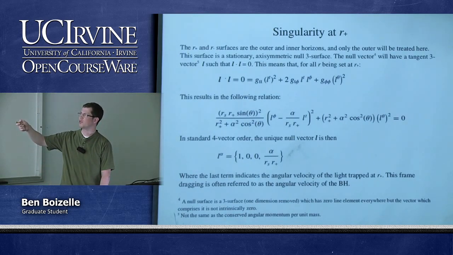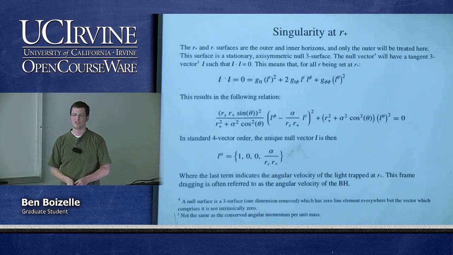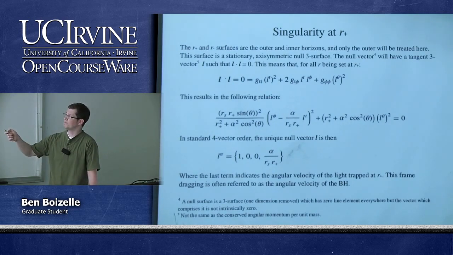And when you do the dot product, you have to bring in the metric component here. And this is just some arbitrary vector which we haven't solved for yet. And by setting it equal to 0, we're going to assume that there is a null surface at R plus at the horizon. This, when we reduce it, allows us to get the following equation below.